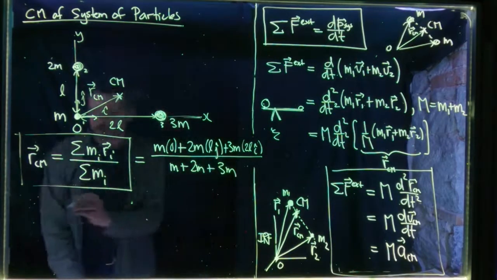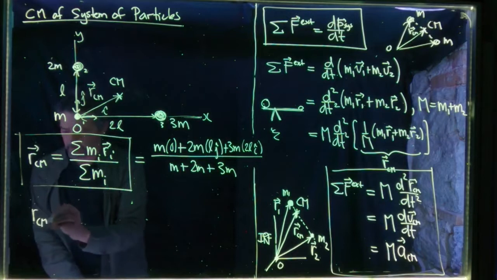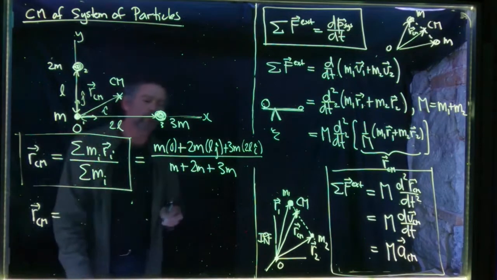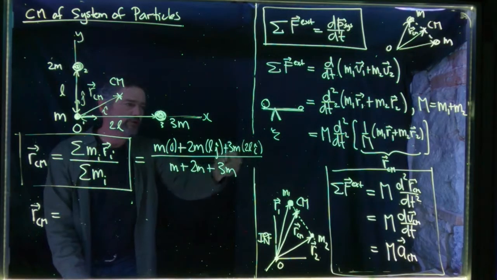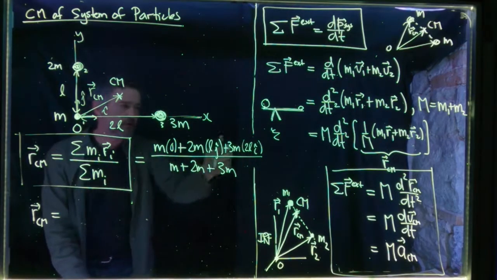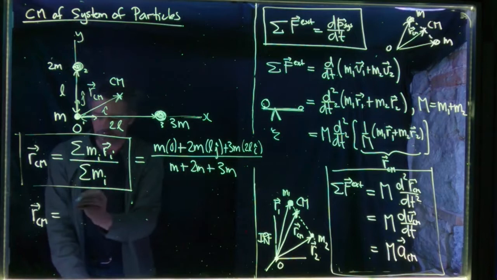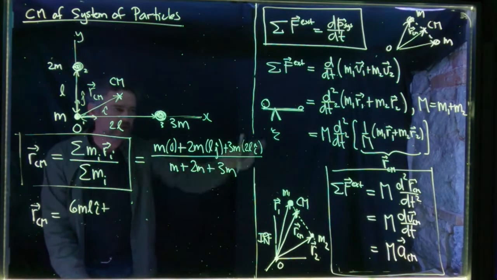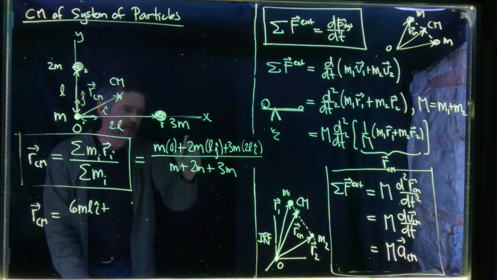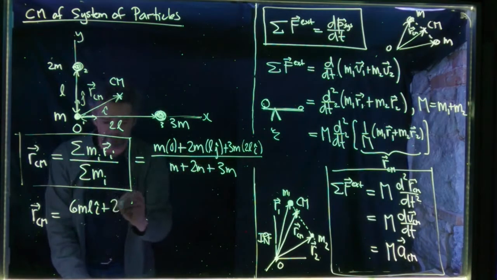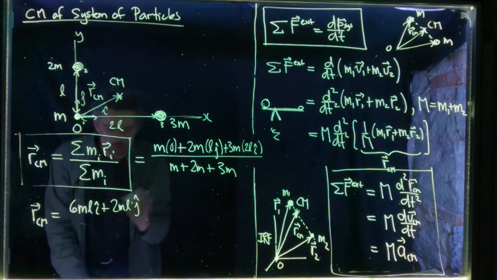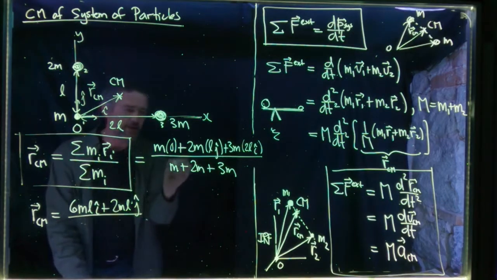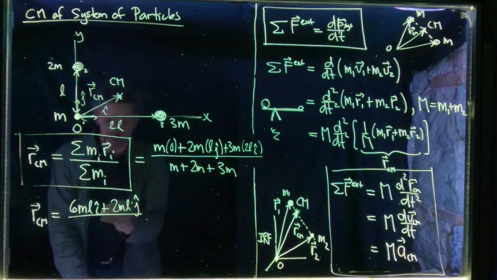Okay, and so RCM is equal to m times 0 is 0. So in the i hat direction, we have 2 times 3 is 6. So it's 6mL in the i hat direction. In the j hat direction, we have 2mL, divided by m plus 2m plus 3m is 6m.